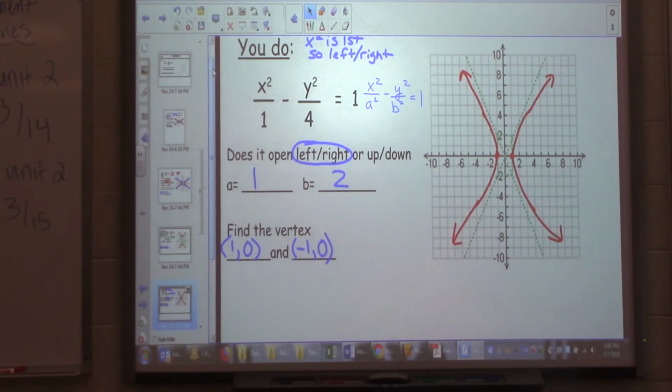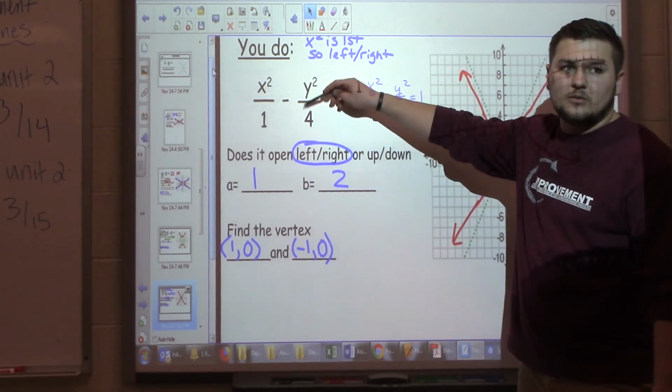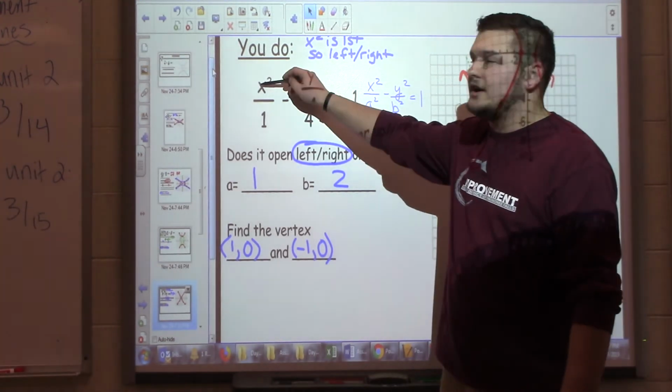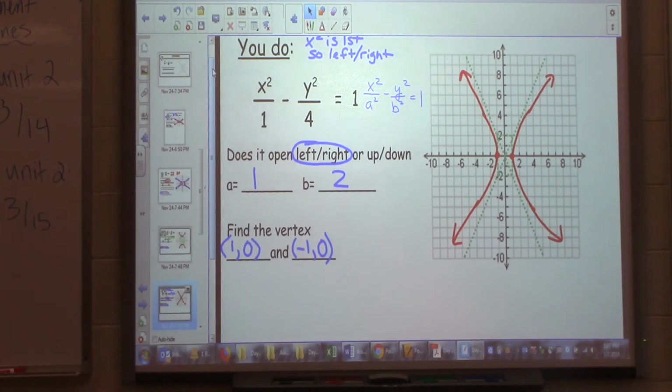We need to pay attention to that. A lot of us I'm seeing are drawing our boxes incorrectly. It's under y squared, so I know I'm going up and down with whatever that number comes out to be, 2. Under x squared, so we're going left and right with it. Alright? Any questions on that?